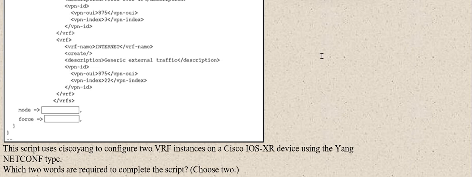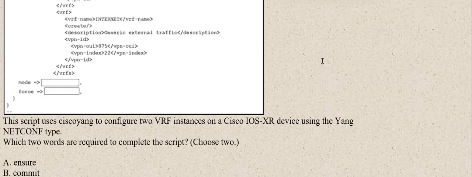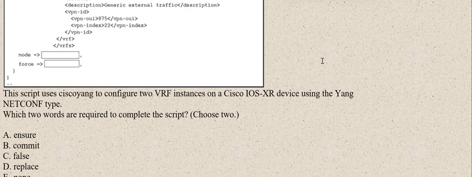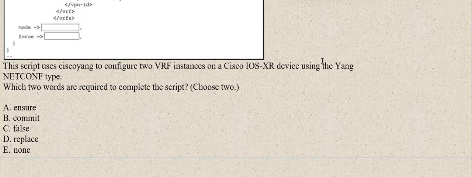Which two words are required to complete the script? Choose two. The options are option A, ensure, option B, commit, option C, false, option D, replace, option E, none. The correct answers are option C and D.